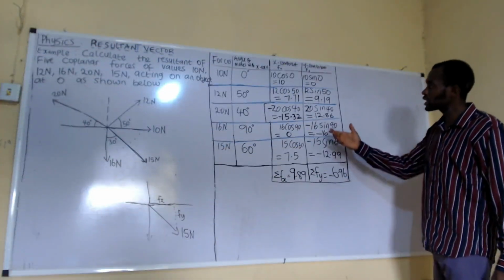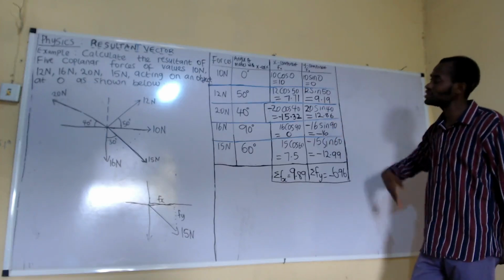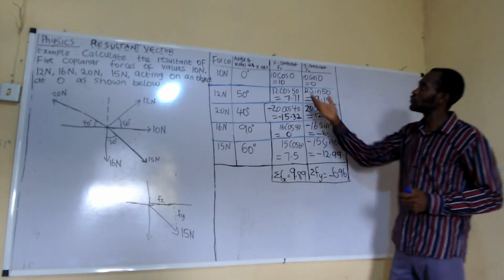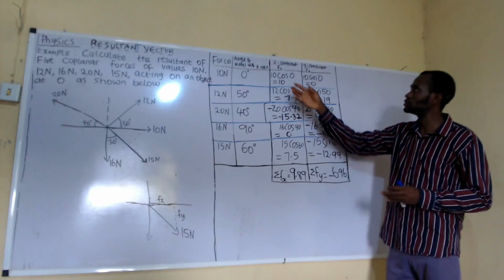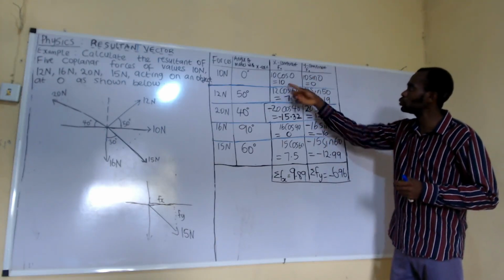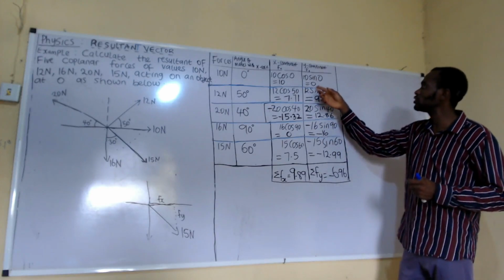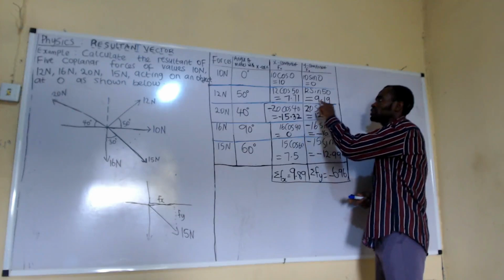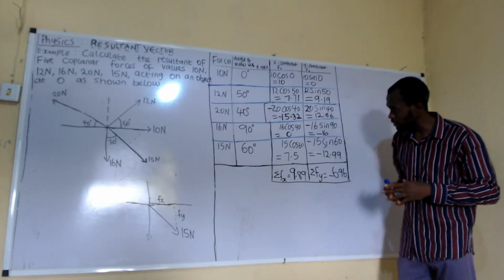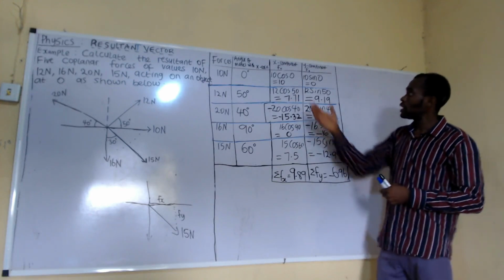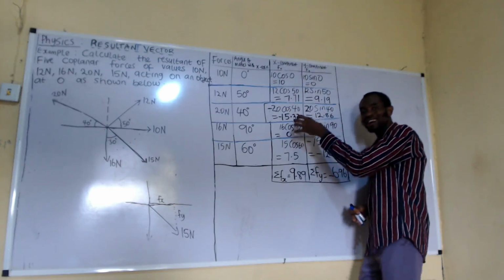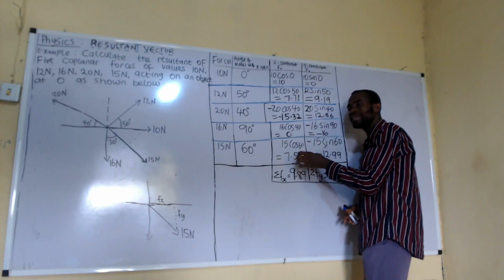Okay, without wasting time, I quickly gave the values for each expression. 10 cos 0, which is 10, 10 sin 0, which is 0, this for this, this for this, this for this. So that has been done quickly. Now sum all these to get this, because these are the x component vectors.